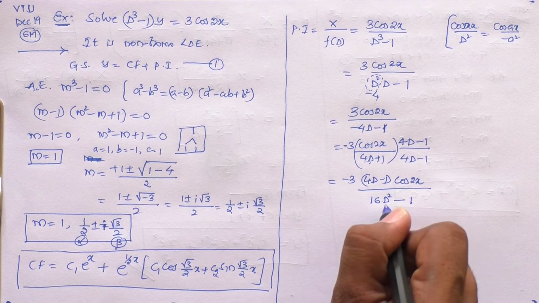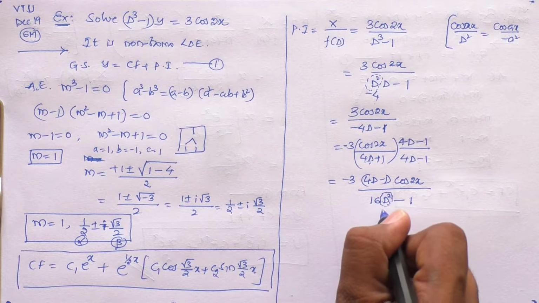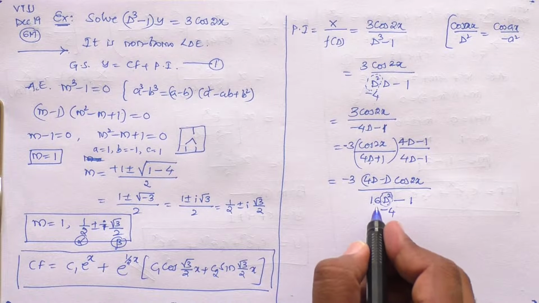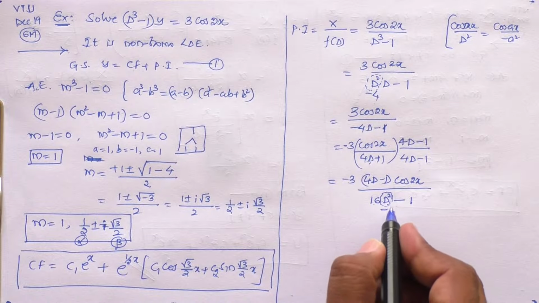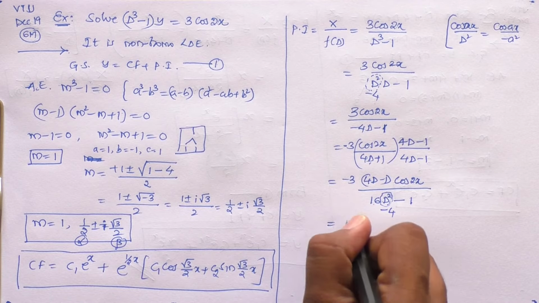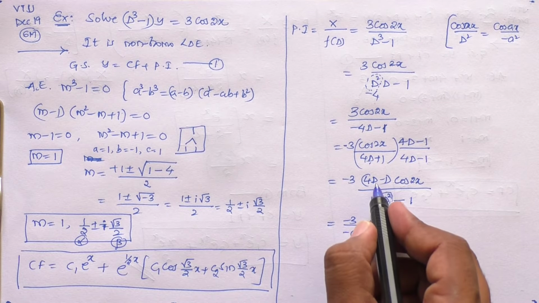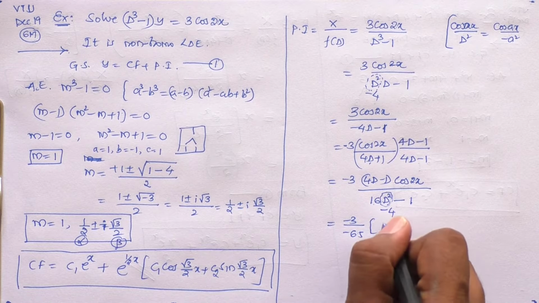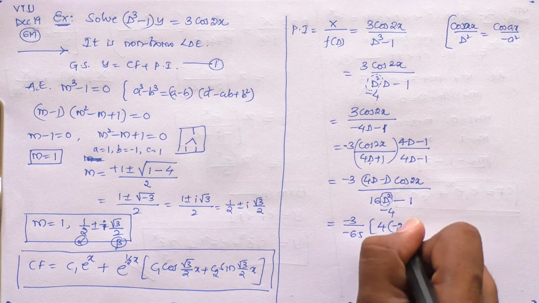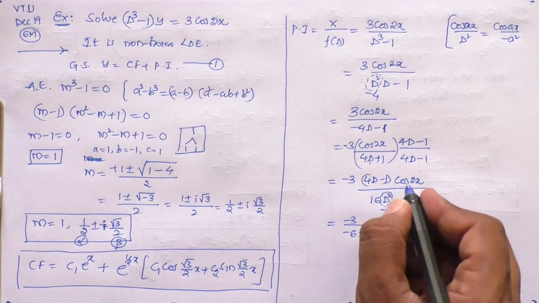So now we have d square in the denominator with numerator cos ax, so d square has to be replaced by minus 4. So now 16 into minus 4 is minus 64, minus 1, minus 65. So minus 3 divided by minus 65, into bracket 4d, that is differentiation of cos 2x. 4 into differentiation of cos 2x is minus 2 sin 2x, minus 1 into cos 2x.